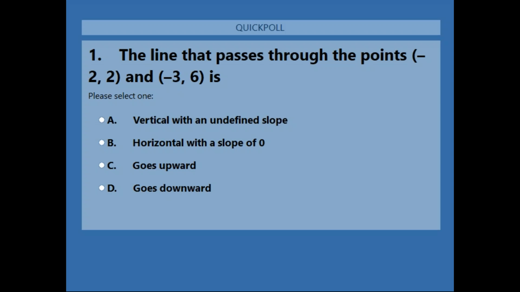Try to label your coordinates. And from there, you're able to decide what the slope is. And from the value of the slope, you can decide what kind of a line it is. Okay. I'm just going to wait for a few seconds for everyone to get the chance to participate in that question.